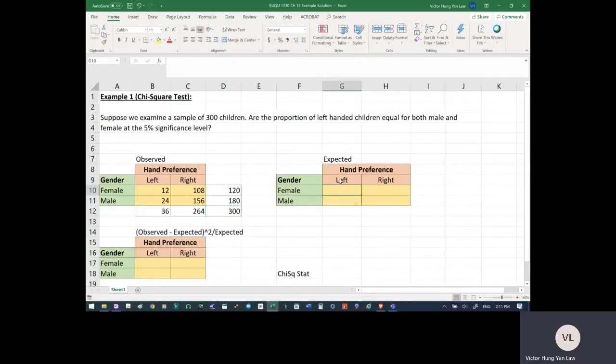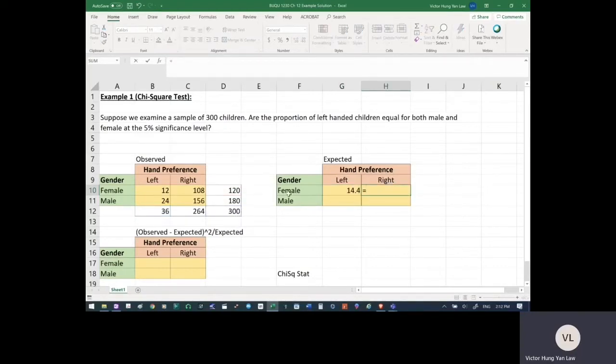For the female left-handed, we take the column total 36, times the row total 120, divided by 300. That's why we have B12 times D10 divided by D12. So column times row divided by the total sample size. We have to do it 4 times because we have 4 cells.